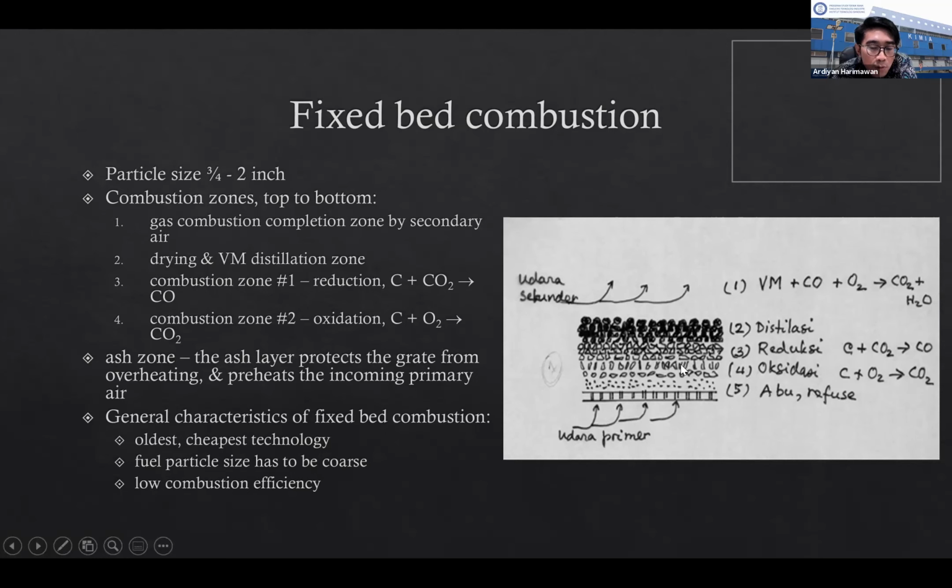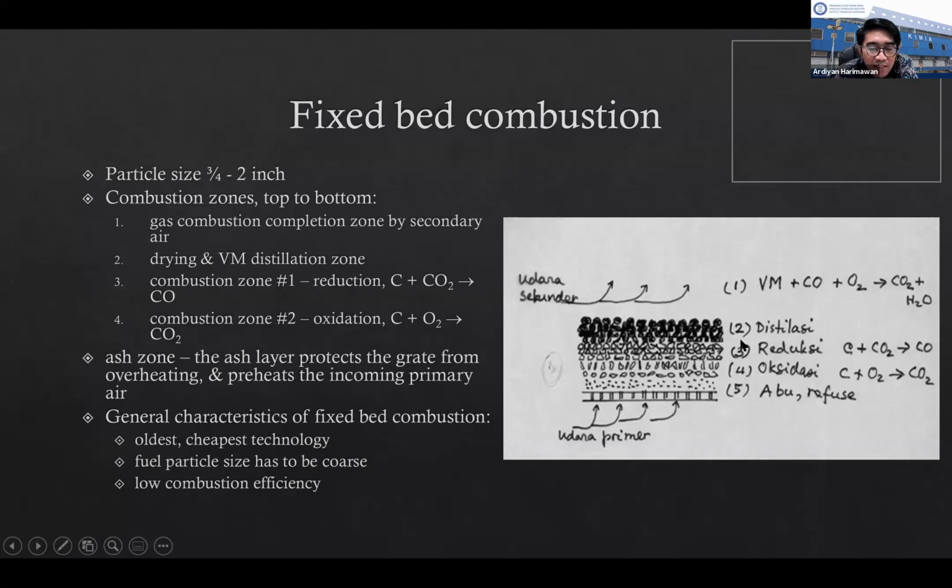So when you burn the coal, some of the volatile matter will evaporate. In this fixed bed, from the bottom to top, the volatile matter will go upwards, so we call it the volatile matter distillation zone. Distillation, by the name, means it will be separated due to the boiling point.